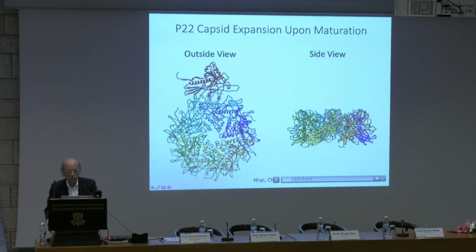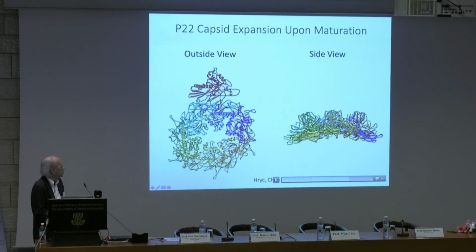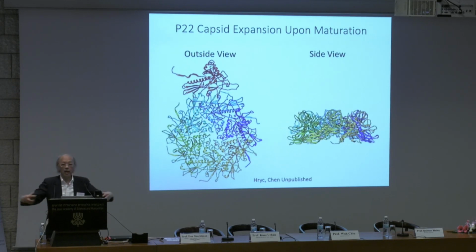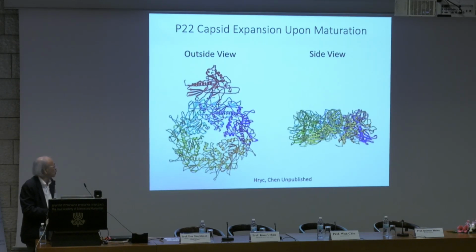And in the side view, it's interesting that when this is the mature virion, the shell actually gets thinner. I said that the capsid diameter gets expanded, but the shell protein that forms the capsid actually gets thinner.